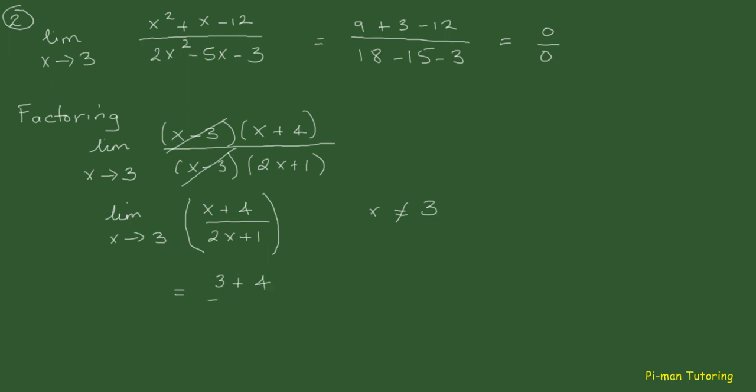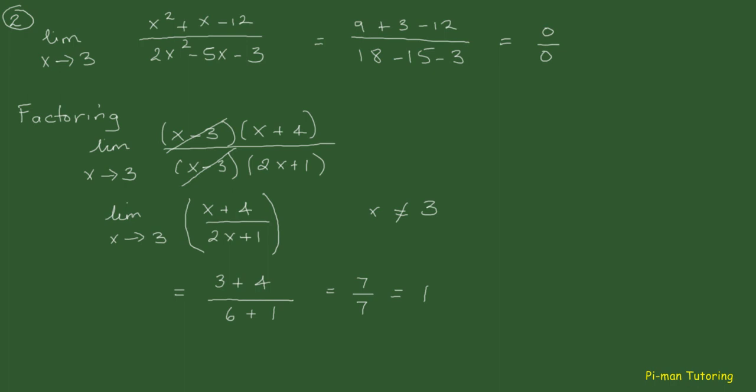In one step, we do something that forbids a value, and then in the very next step, we actually feed in that value. So I'm feeding the value 3 into this simplified expression. I'm ending up with 7 divided by 7, and I'm concluding that the limit as x tends to 3 of the original function is actually 1.